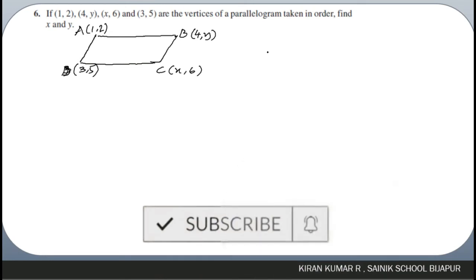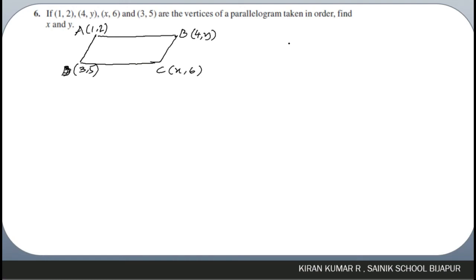We all know that the diagonals of a parallelogram bisect each other. Therefore, the coordinate of the midpoint of AC will be equal to the coordinate of the midpoint of BD.